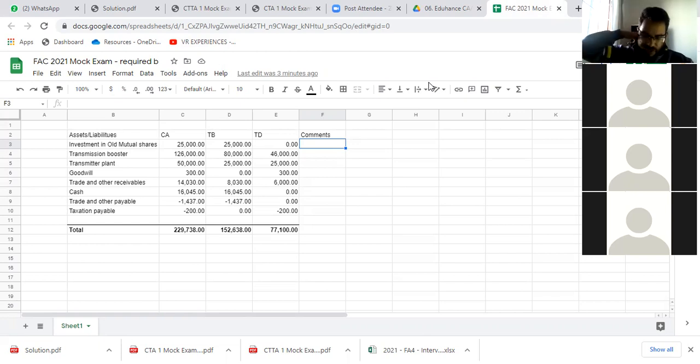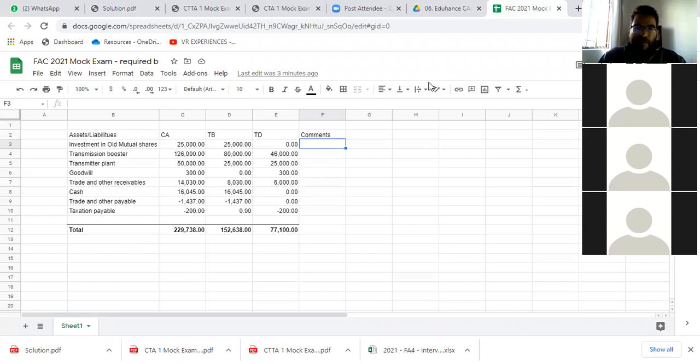And only once you sell the shares, therefore there will always be a deferred tax implication from an accounting perspective. When we do our tax, let's say the accounting treatment is to use fair value. So now fair value is 25,000.